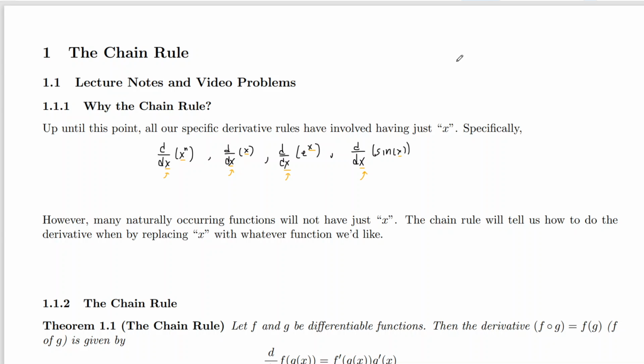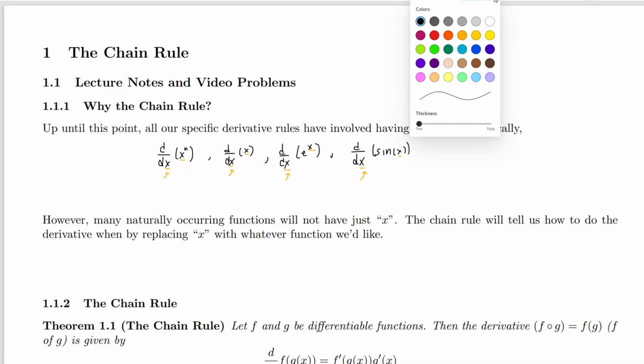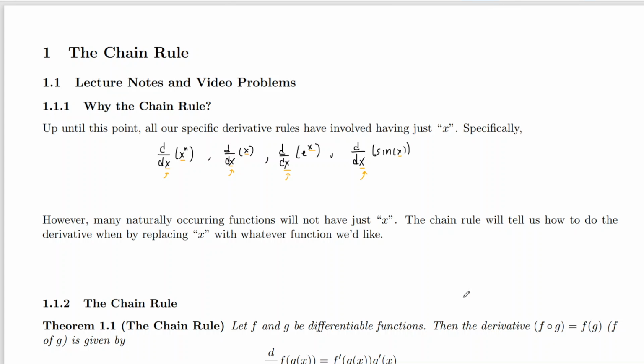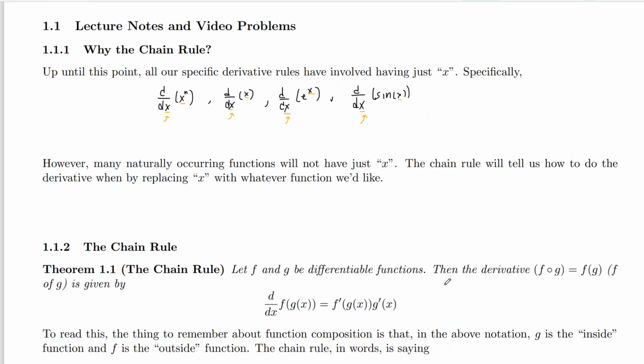All right, I wanted to write down a couple of quick examples of things that naturally don't occur like this. Anything that deals with exponential growth or decay has something called a growth or decay constant. It's typically seen in biology or chemistry, and those functions usually look something like this.